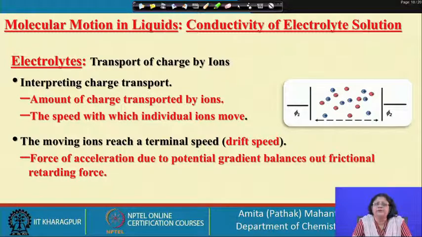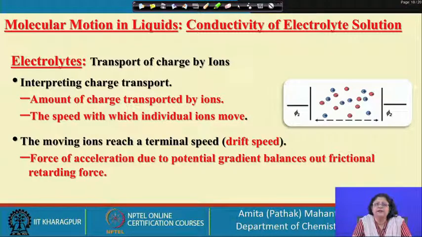We will look into how the molecules are moving when they move under the electric field in a system where you have a potential gradient.